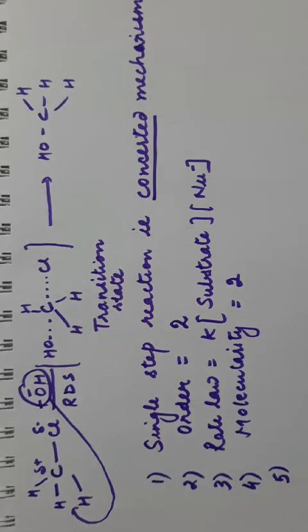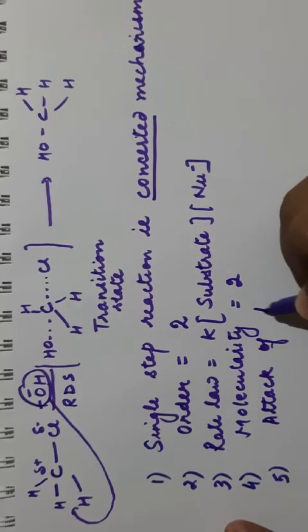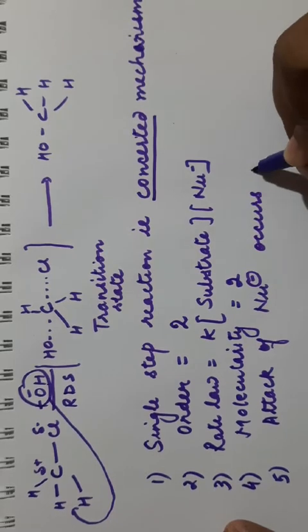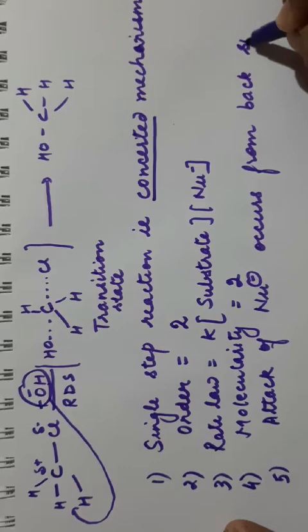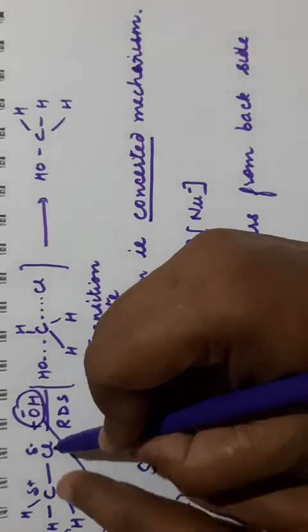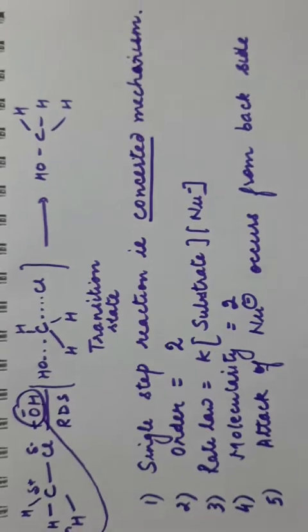Next and the most important is, here the attack of nucleophile occurs from backside. Means if C-Cl bond is present in this way, OH will attack from the back. Why?